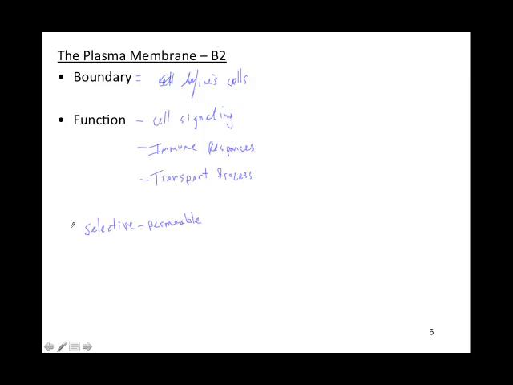And when we say that the plasma membrane is selectively permeable, essentially what we're saying is that the plasma membrane can choose or select what it wants to come into and out of the cell. Now obviously it doesn't consciously do it. It selects it based on the chemical and physical properties of the molecules. And that's something we'll address a little more directly when we talk about the specific transport processes.